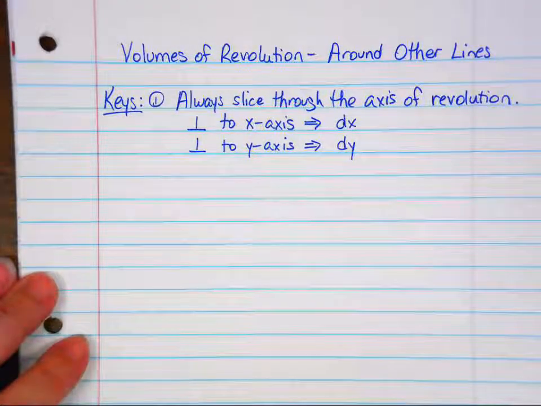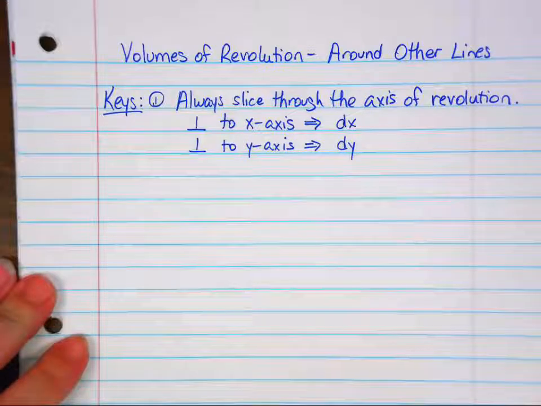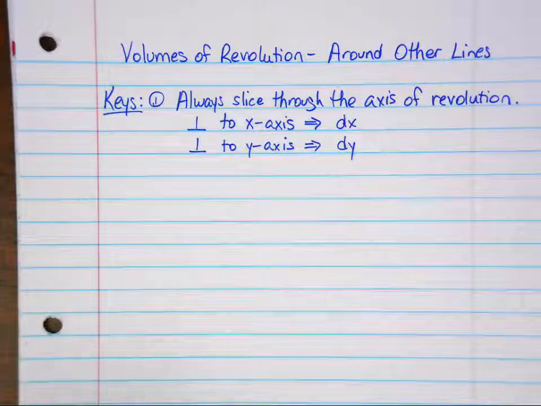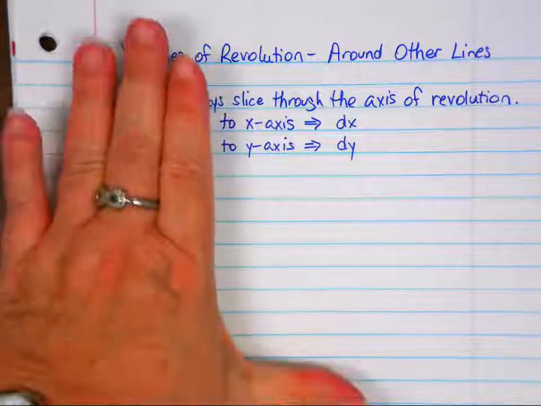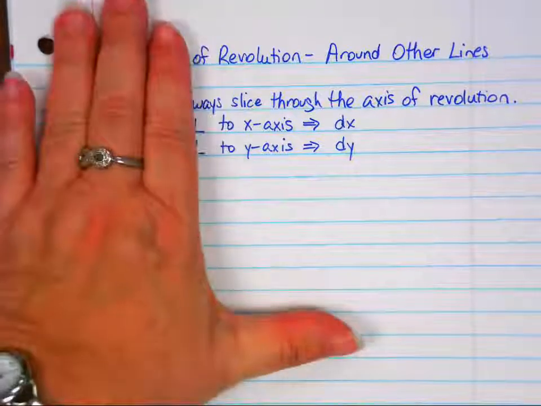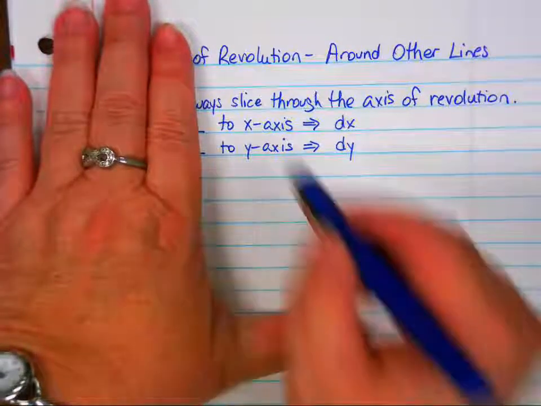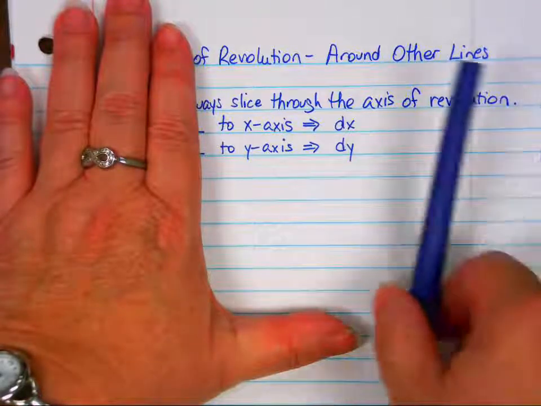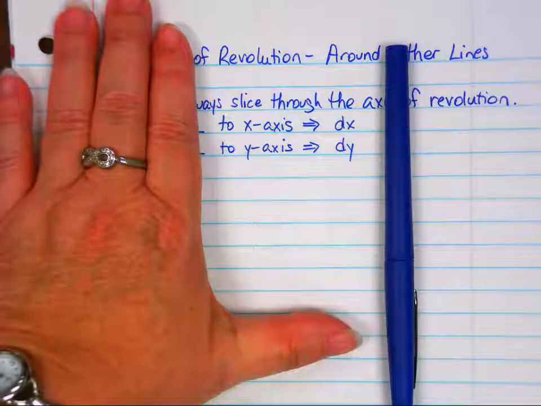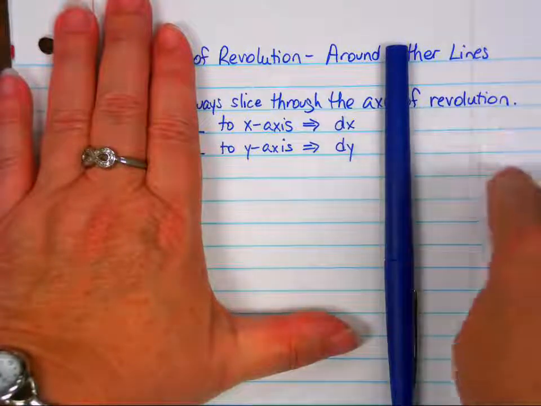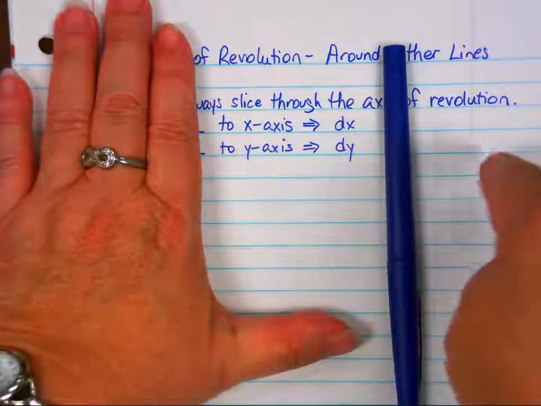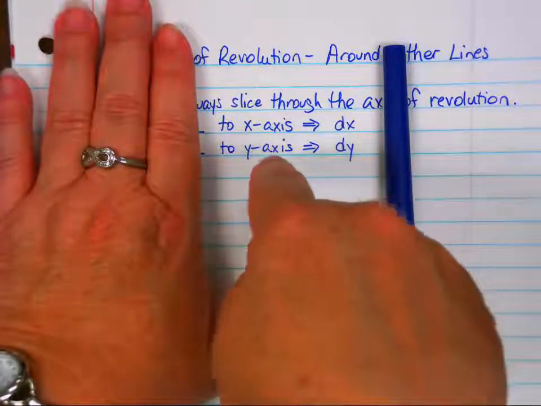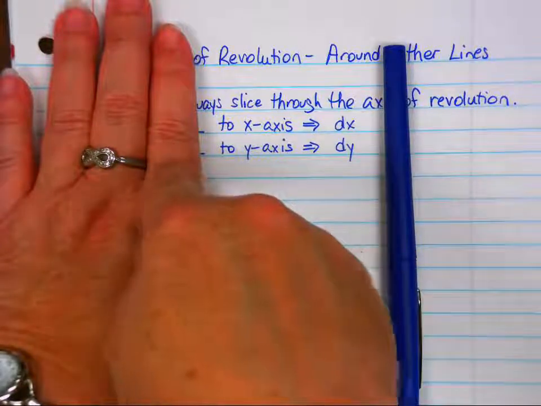Okay. Now, the thing is, though, when you slice through that axis, it's pretty obvious that you're perpendicular to the x and perpendicular to the y. But what if it's not? Let's say that my hand is quadrant 1, okay? Y-axis, x-axis. If the line that I'm revolving around is over here, and I'm slicing through it with my finger, slice it through, and I kept going, which axis would I eventually hit?